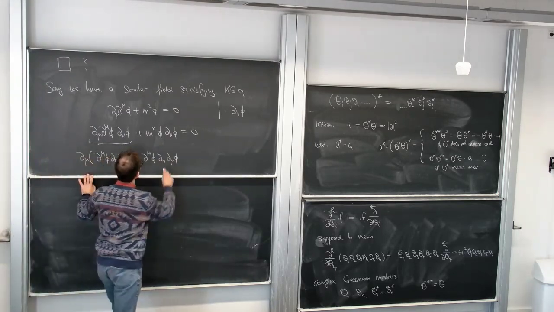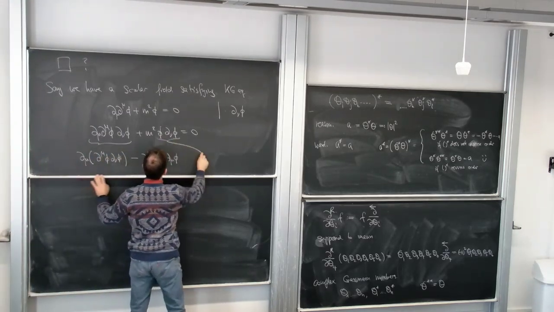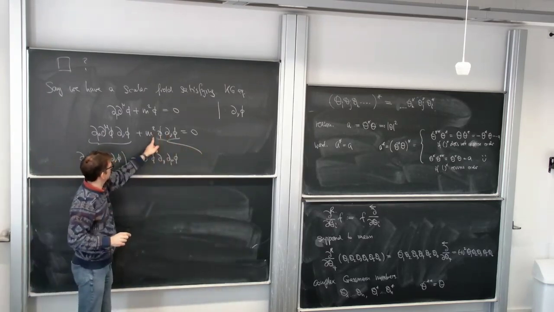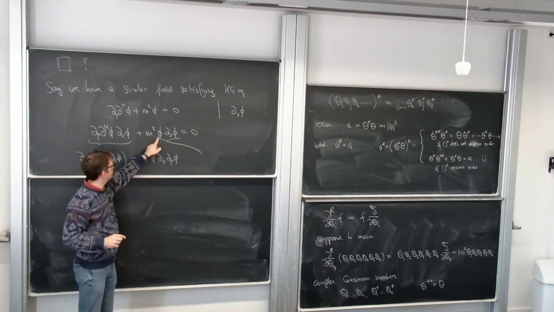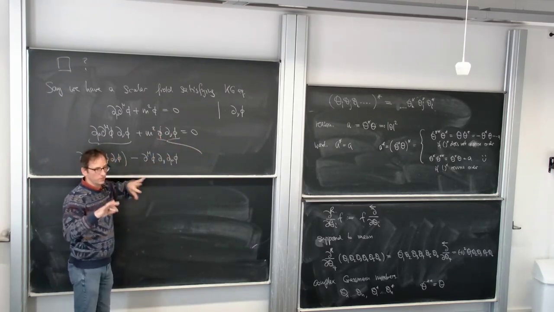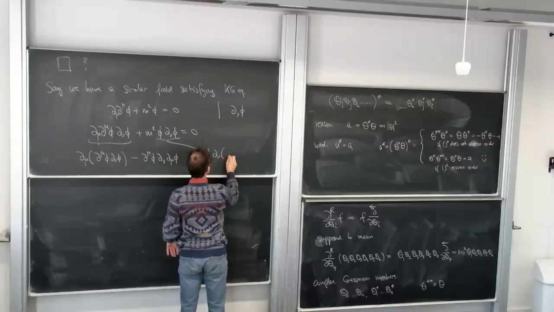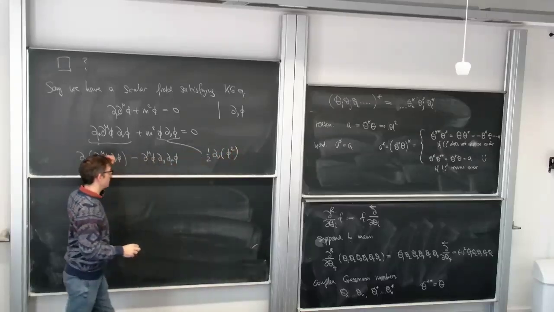We can, here, this thing, for example. I also want to pull out this derivative, and the convenient thing is that I have the same factor. So I'm going to write this as 1/2 d mu phi squared. Does that make sense?